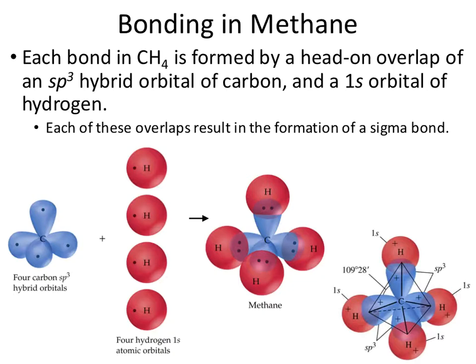You can see that this interaction between hydrogen and carbon is in the same line, or head-on, as we call it. So all of these are going to be sigma bonds. And as you can see in terms of our shape, we're going to have a tetrahedral shape because we have our sp3 hybridized orbitals.